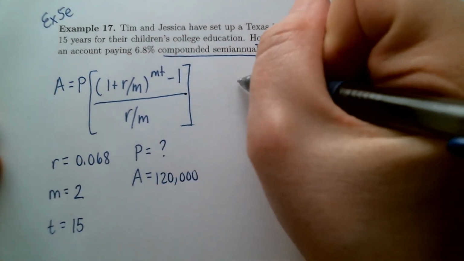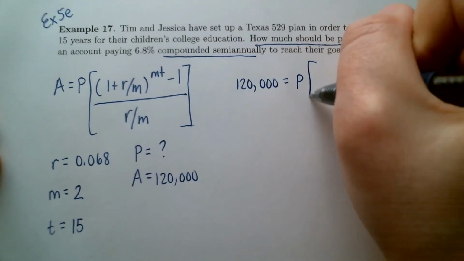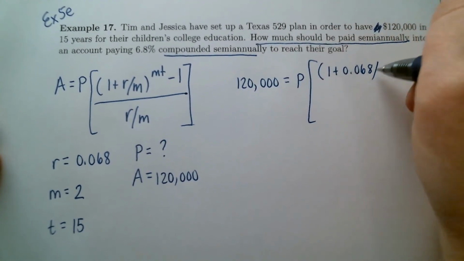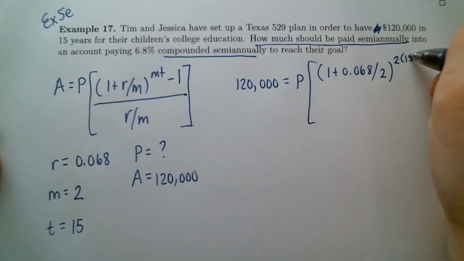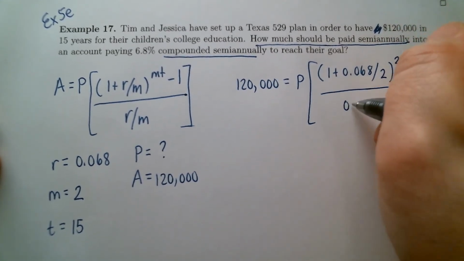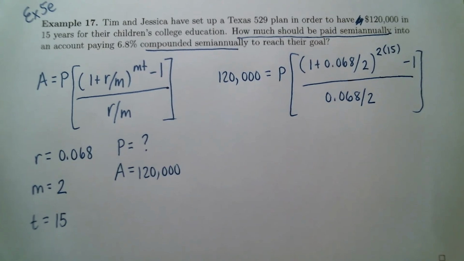Okay, so let's go ahead and plug everything in. So we're going to get this. Just leave P as P because we don't know what it is. All right, so this is how you set up the problem, okay?